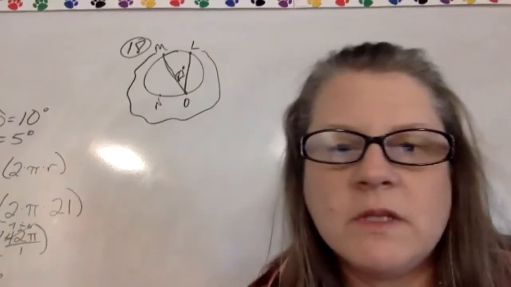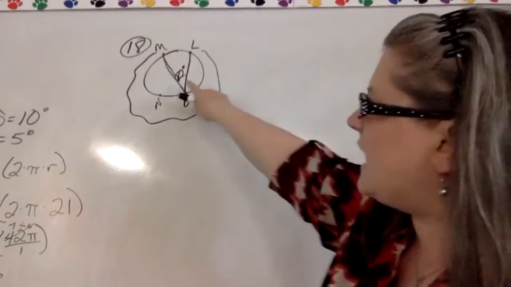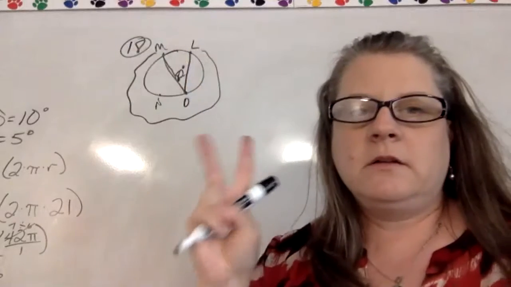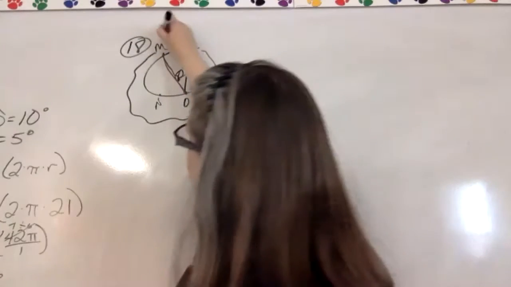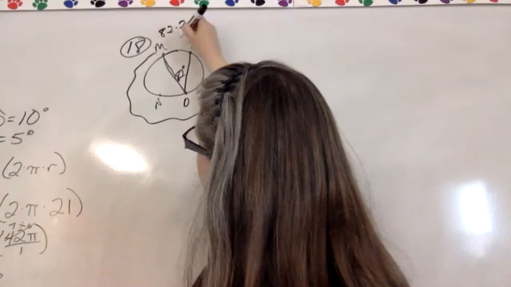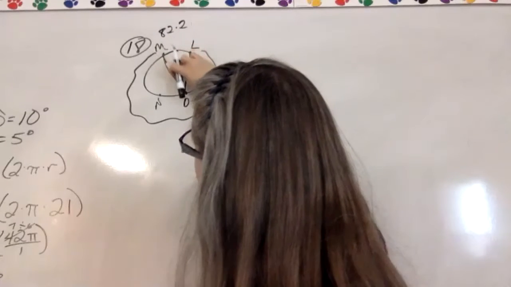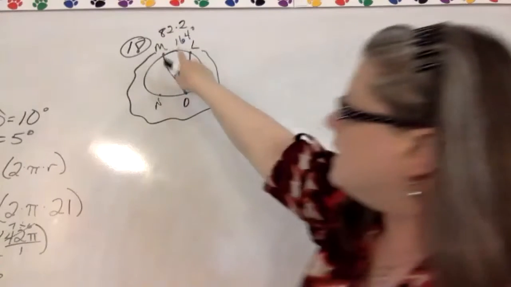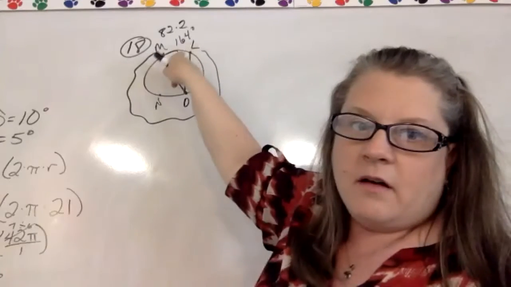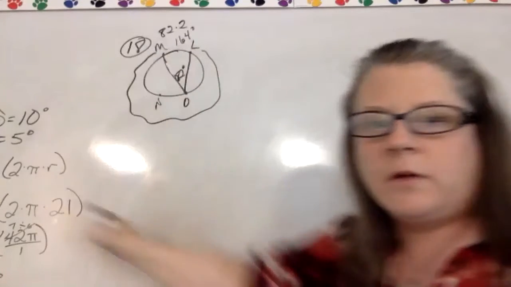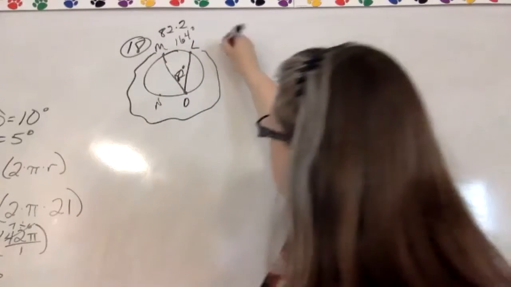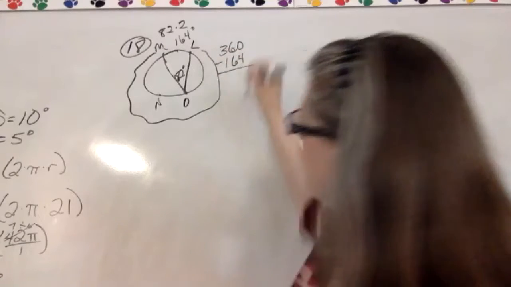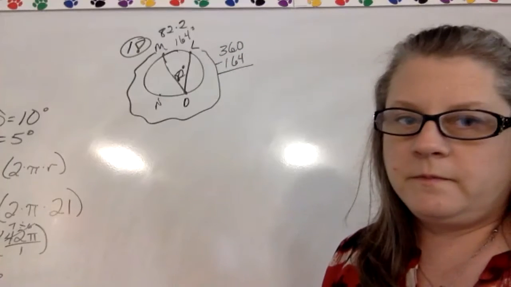Okay, so what we do first is if we got the angle, we can find this arc by multiplying by 2. So you have 82 times 2 for this portion up here, and you get 164. That's between M and L. You have to find going around the opposite direction, so you take 360 minus 164 to get that answer.